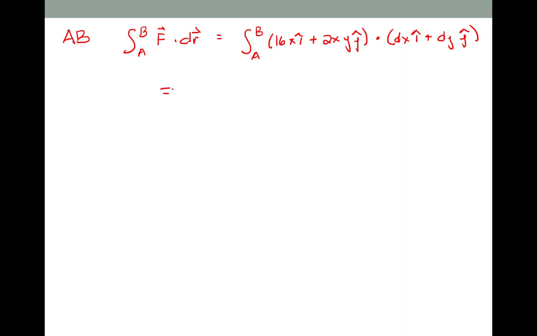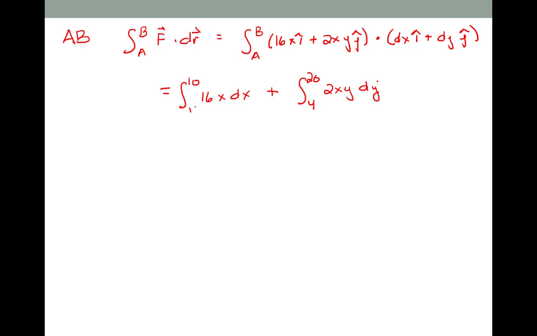Okay, this again breaks into two pieces. I end up with an integral from 1 to 10 of 16x dx plus the integral from 4 to 20 of 2xy dy. Now, unlike the previous two paths, where I could make x constant for this second integral, I can't do that here. I need to know how the value of x changes as y changes.